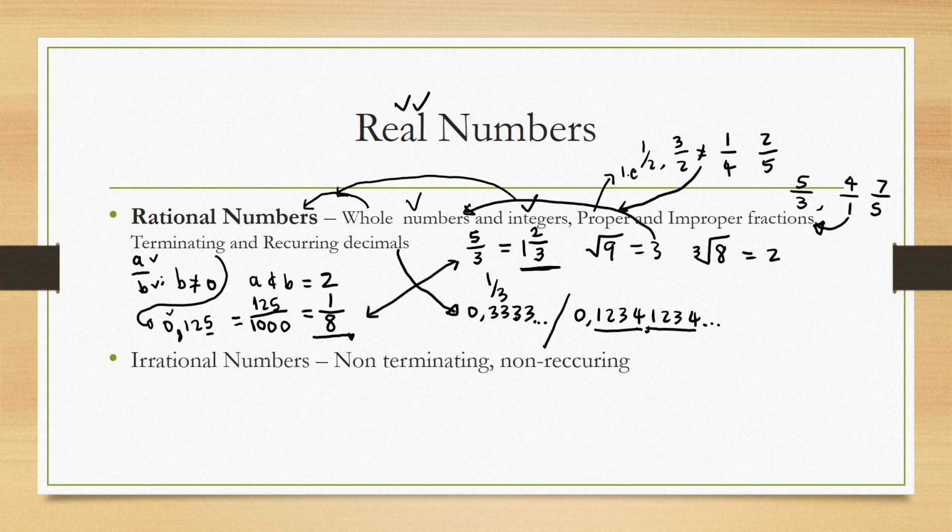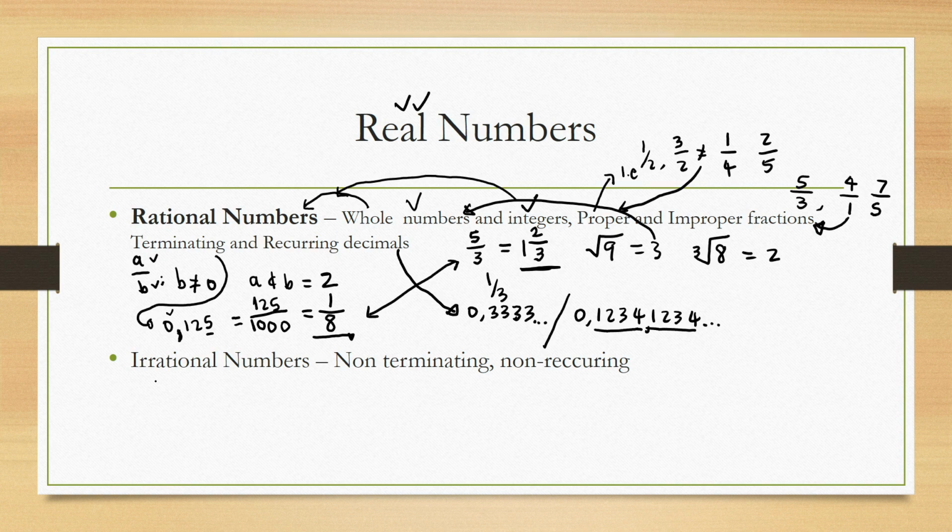Another easy way to look at this is to know what your rational numbers are, and then anything that is not a rational number will automatically fall under irrational numbers, provided it is not an unreal number.